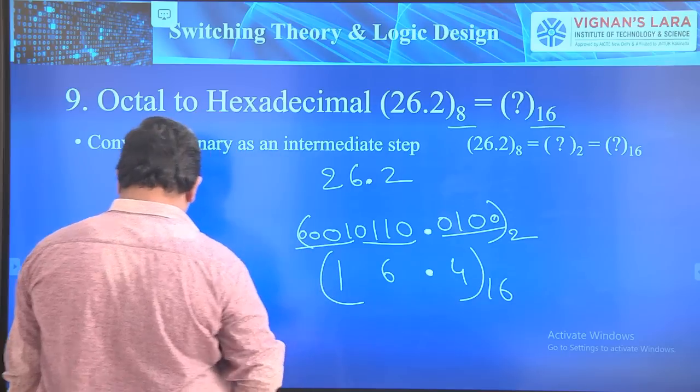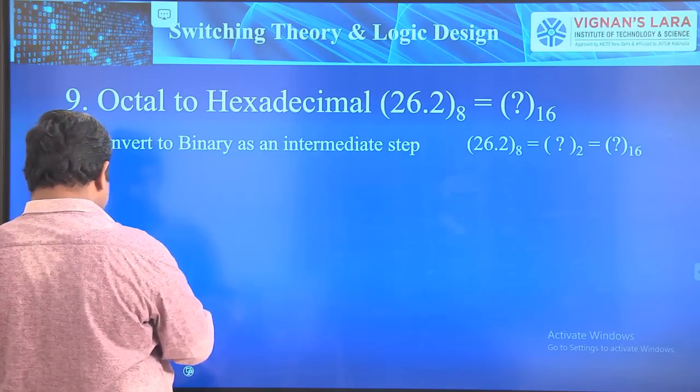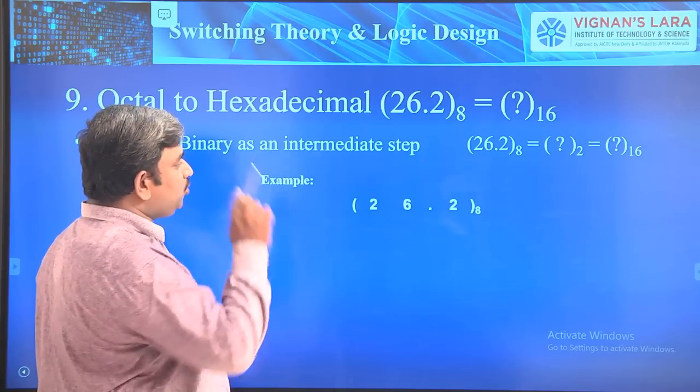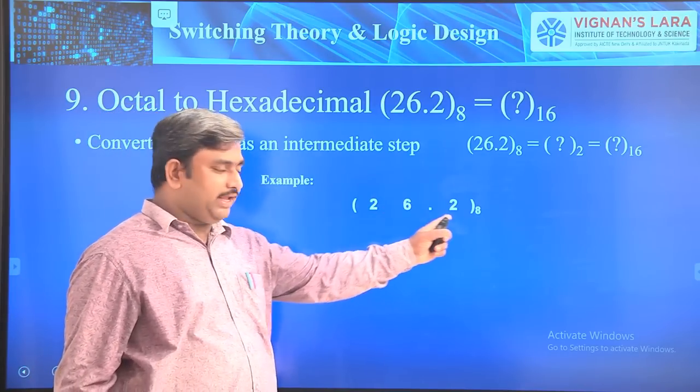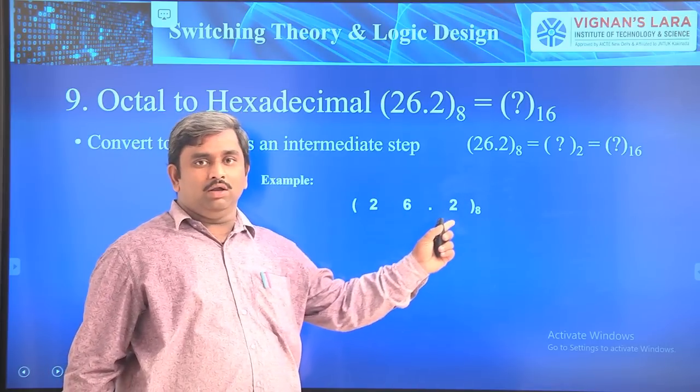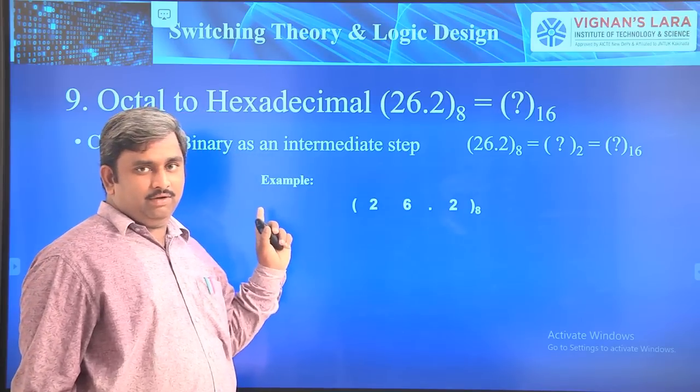Okay, we will see this process once again. First, I have to take 26.2 of base 8. So that is the octal equivalent number I have taken for this problem.